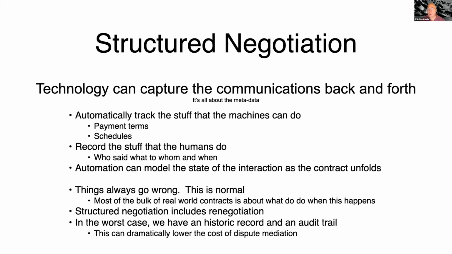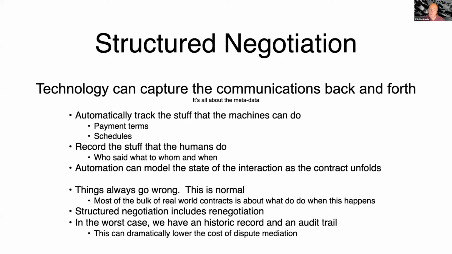And so we developed a system for doing what you call structured negotiation, where there's a series of communications back and forth between the participants, and by capturing metadata that was provided for doing this, we could track the stuff.